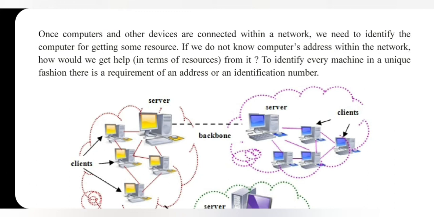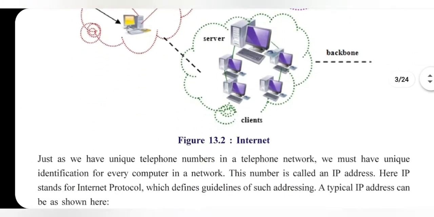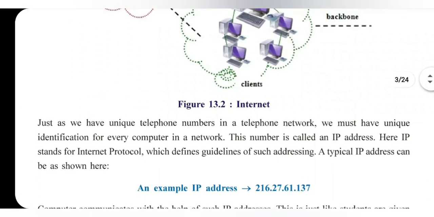If you want to transmit data, you first need the identification number of that computer, and that identification number is known as an IP address. IP stands for Internet Protocol, which defines the guidelines of such addressing.